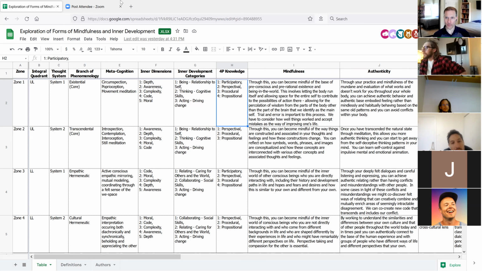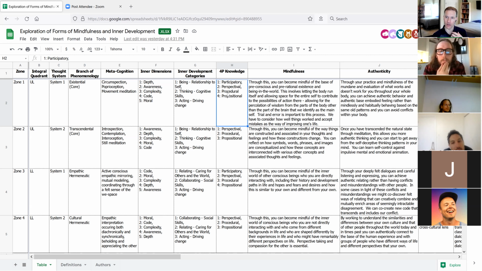I suppose I could have added 4 rows for each quadrant, so there'd be a total of 8, because some start with participatory and some start with propositional and don't get that embodied. Maybe that's one way the table could have been structured, but that isn't as interesting.